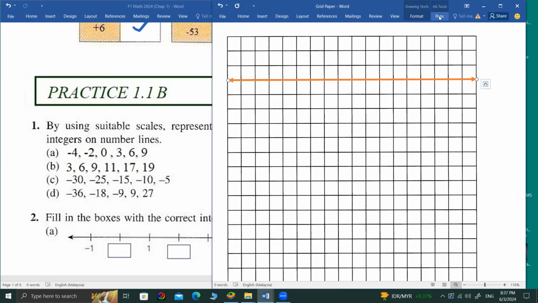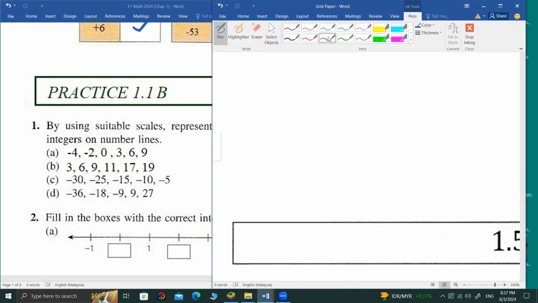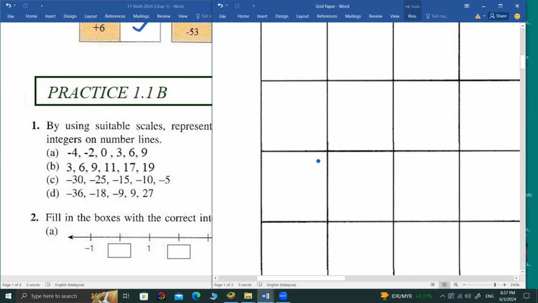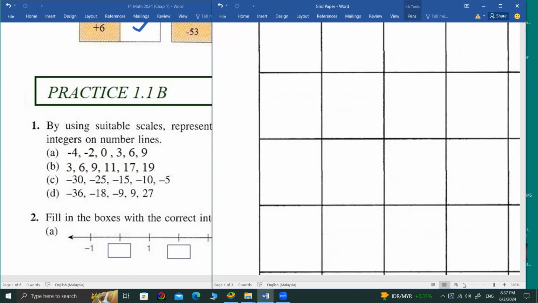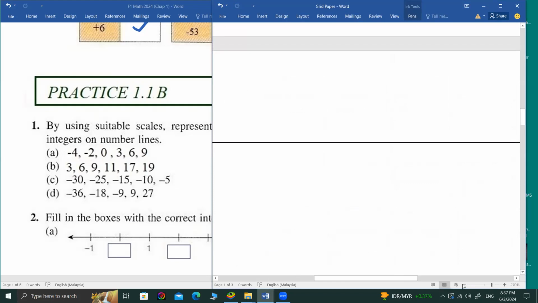Listen to me first, then later only you'll draw, yeah? If not, later you might get the skill wrong.